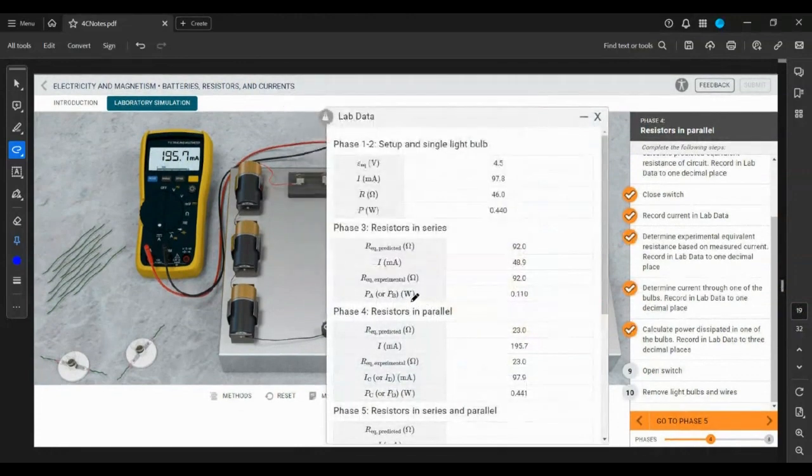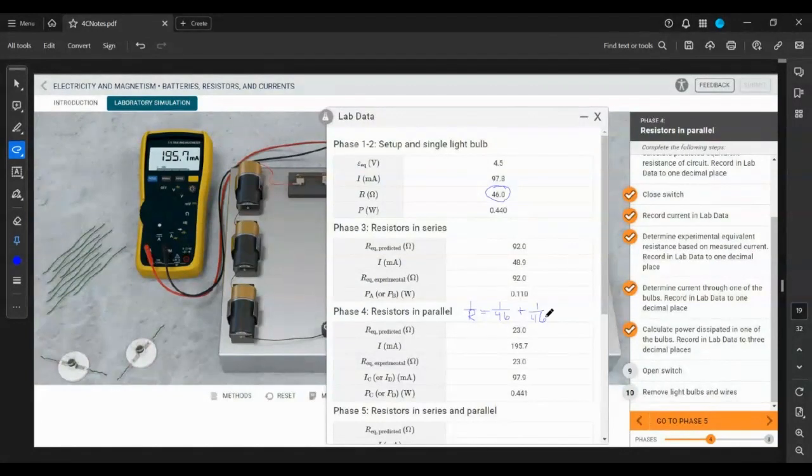All right, then for our calculations here. So something strange happens when we're in parallel. You want to remember that your resistance, it's all dealing with reciprocals. So 1 over R is equal to 1 over 46. That's from up here, plus 1 over 46.